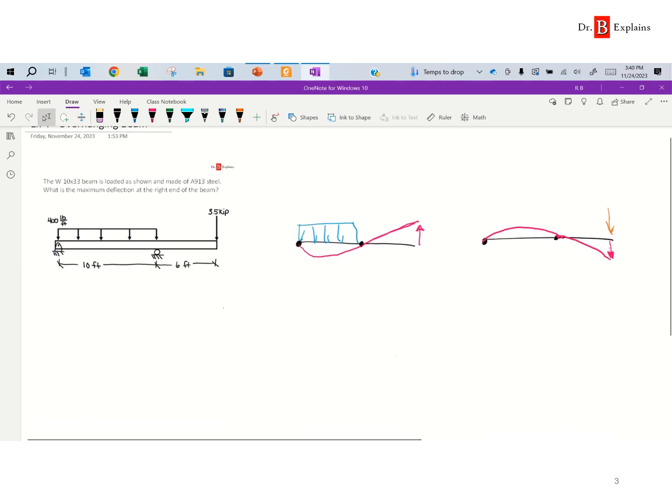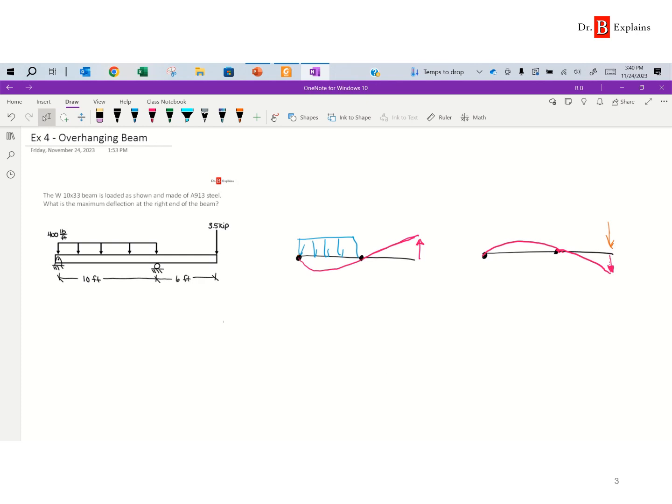What we're going to do here is use the method of superposition, which involves looking at the different types of loading acting on the beam. One type of loading is a distributed load. If I isolate the case for the distributed load, we can see that it's being applied between the two supports, acting down.